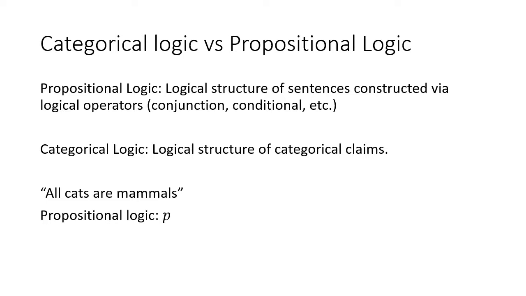So we're going to be looking at the underlying structure of this sentence a little bit more closely. With categorical logic, this sentence will translate as "All S are P." So this is one category, cats, and another category, mammals, and what we are saying of cats, the set of cats, you could think of it that way, is that the set of cats is contained in the set of mammals.